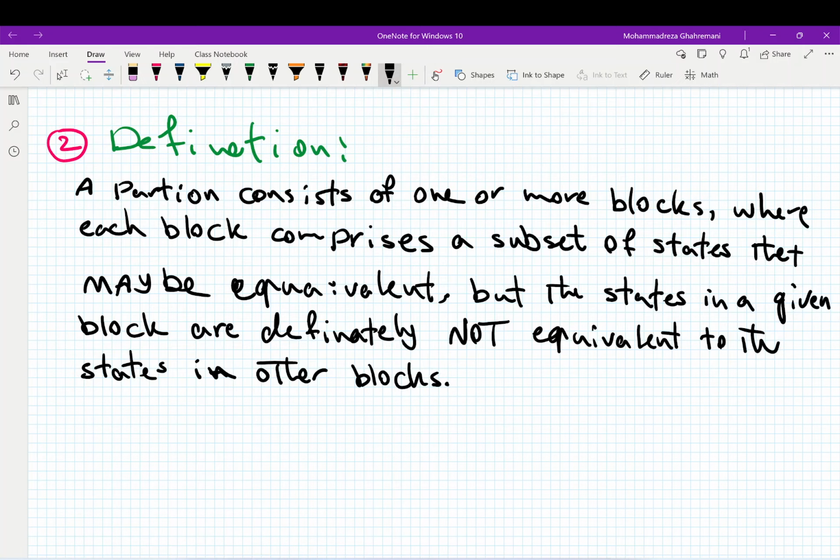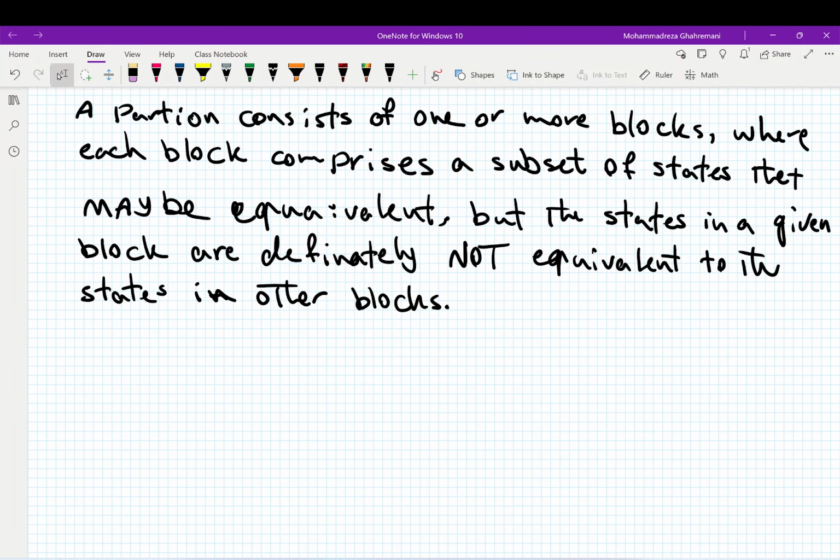So what does this paragraph say? It says that in a partition, we have different blocks. Each block has some states. The states in a block may be equivalent, but 2 states in 2 different blocks are definitely not equivalent.